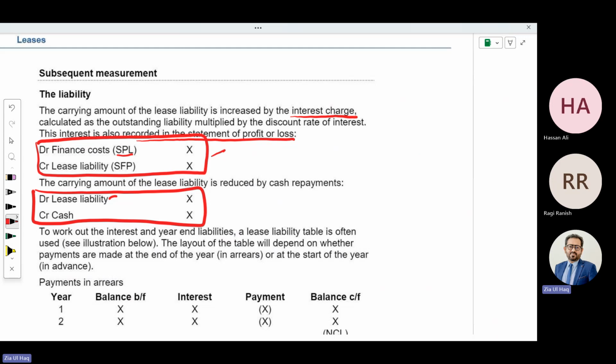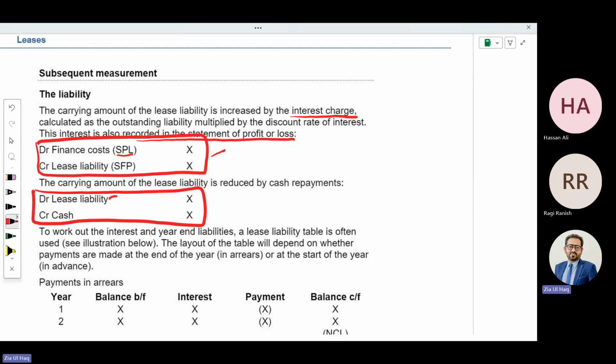Initially we calculate the lease liability using present value, but that is not recorded in the balance sheet. When we prepare the balance sheet at year end, we need to add interest to that amount, and then record the amount in the balance sheet. That initial amount we calculated to know the asset value.